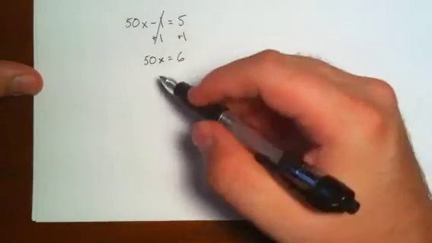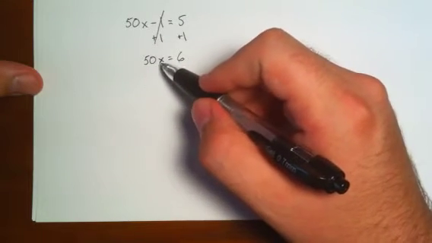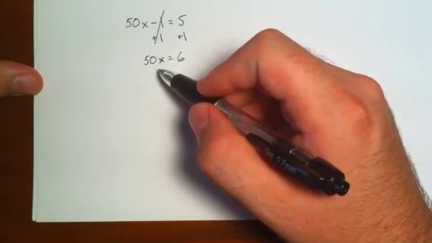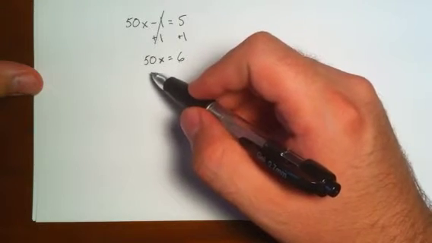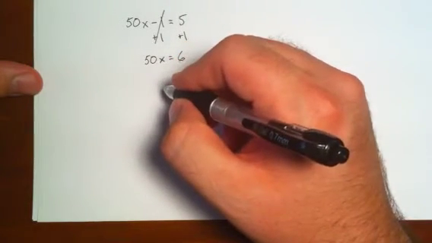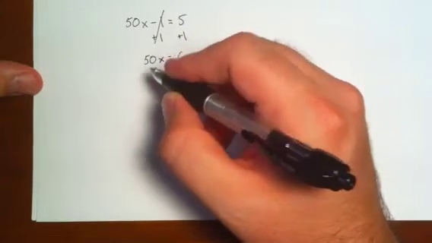Now we need to get rid of this 50 that's sitting here. 50x is like 50 times x, right? We just don't write the multiplication sign in there. So to get rid of a 50, when you're doing 50 times x, you're going to divide by 50, right? Because 50 divided by 50 is 1, and 1 times x is just x, okay?